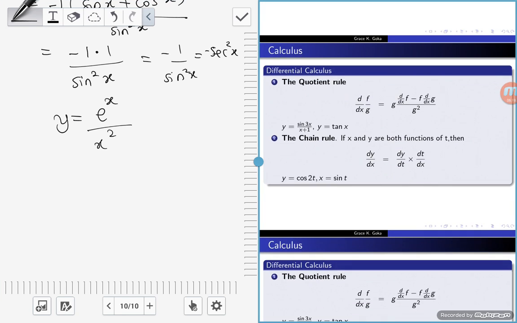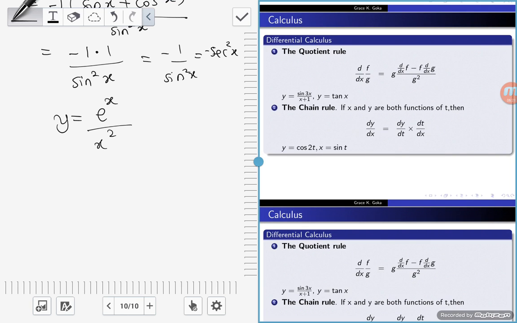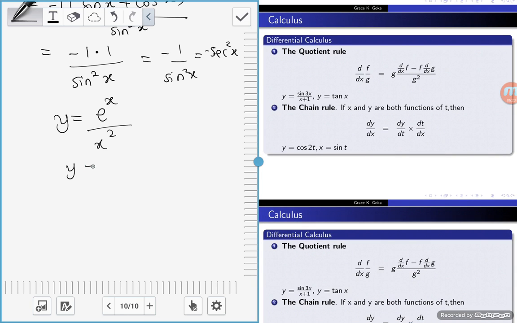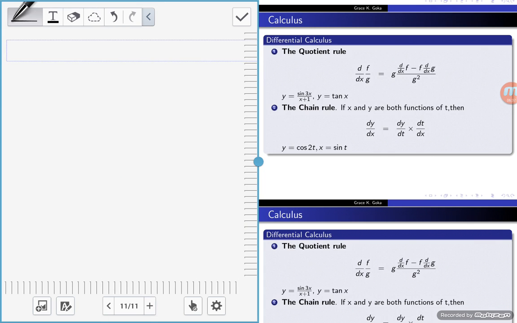Alright, so all the functions that we've seen so far are of the form y is equal to f of x, so it's easier to find the derivative, which is dy dx is equal to differentiate what you have here. If you differentiate f of x, you have f prime of x. What if y is not a function of x and neither is x a function of y?